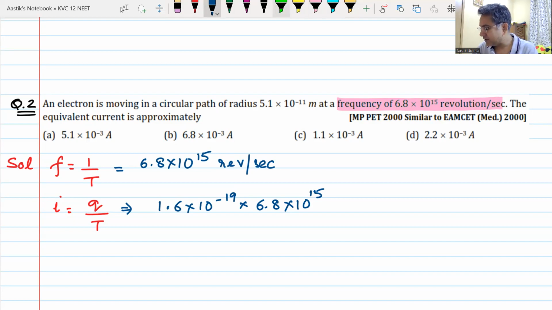That would be option C. You just have to multiply 1.6 by 6.8 and you will get the answer.